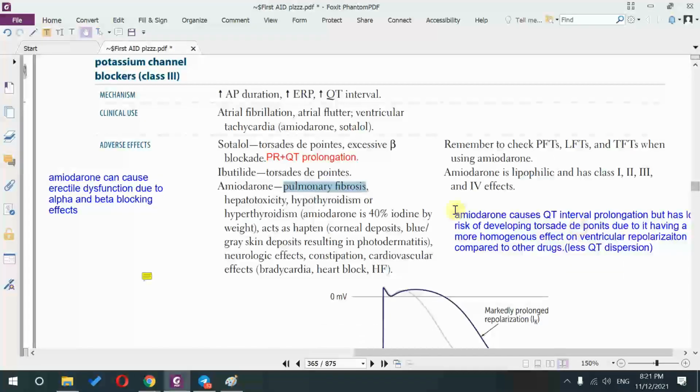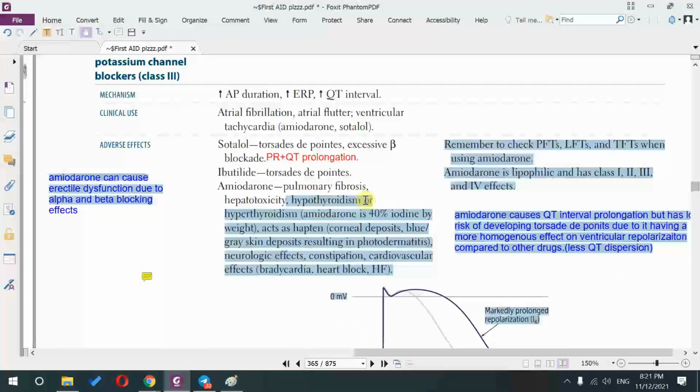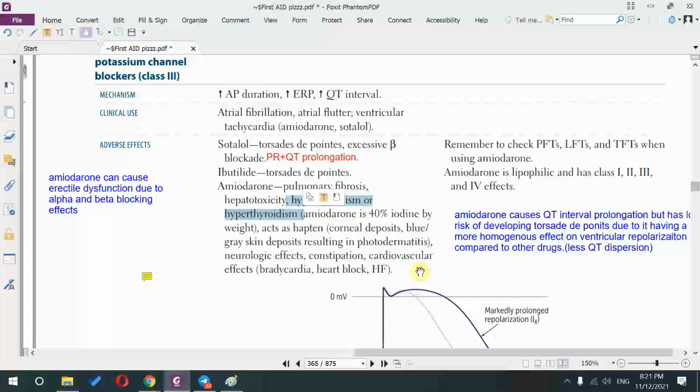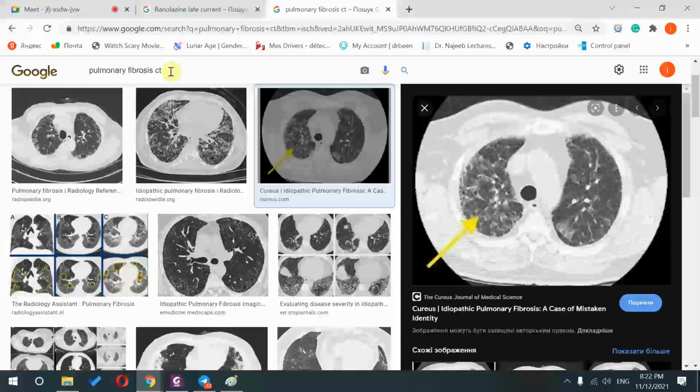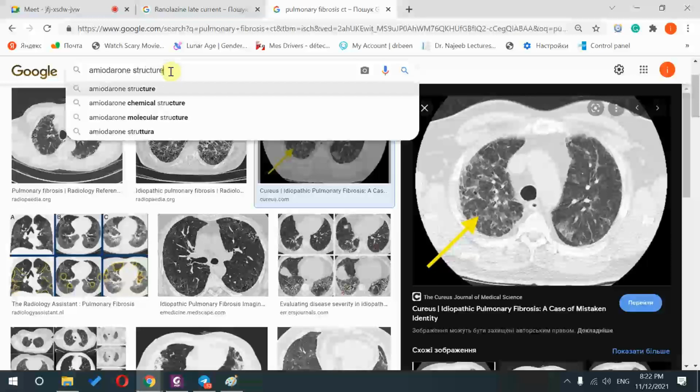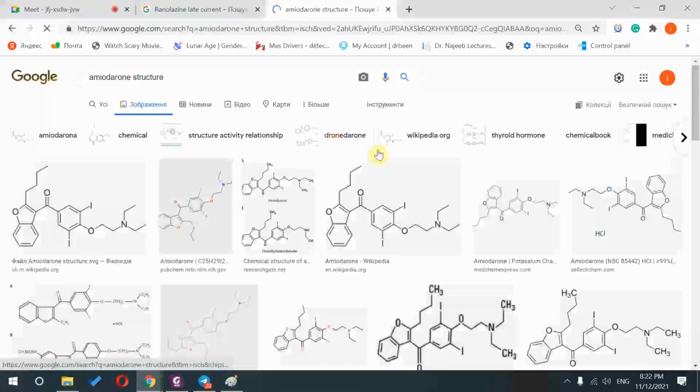Okay, so it is also hepatotoxic and leads to hypo or hyperthyroidism. Why? Because the chemical formula of amiodarone contains a lot of iodine molecules, okay? And thus it can lead to hypo or hyperthyroidism.